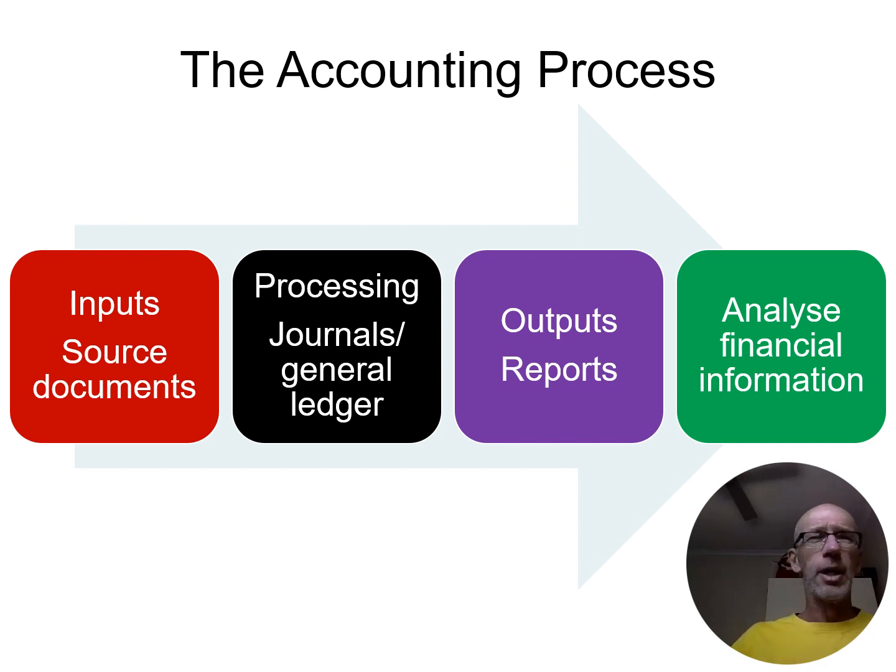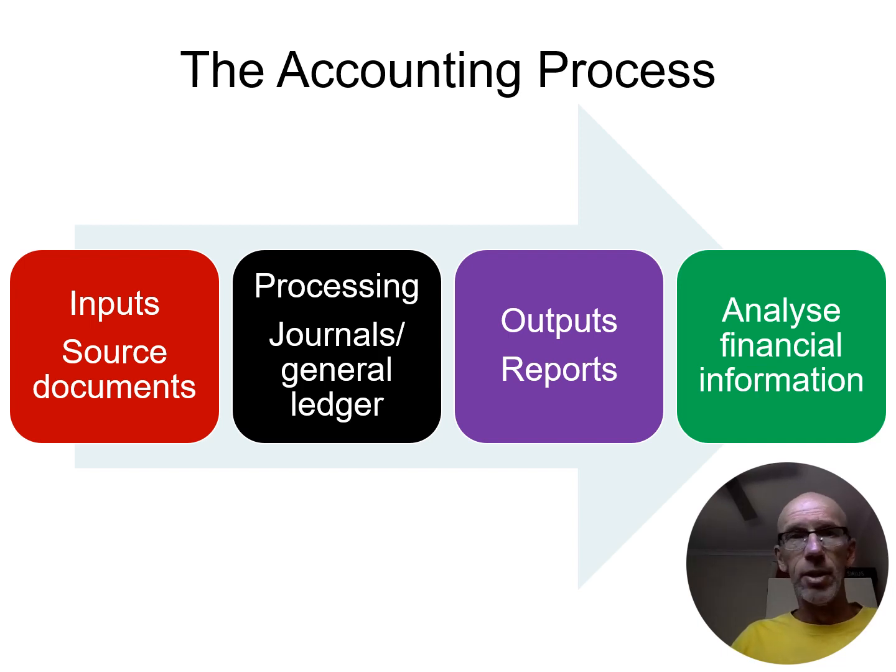Let's go right back to where we started with accounting conceptually and look at the 4 key stages. We start with the inputs, with our source documents: our EFT, cheque butts, receipts, invoices, etc. Then we move to stage 2, where we process them. If we're using a single entry system, we do that via the special journals.